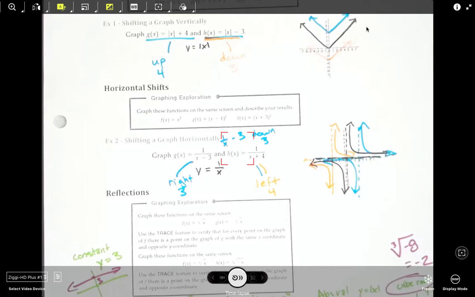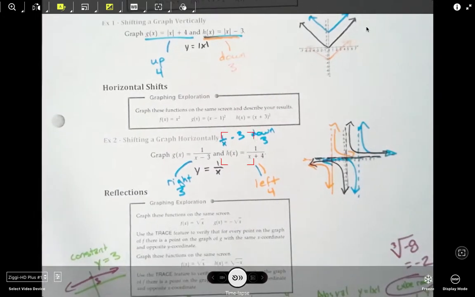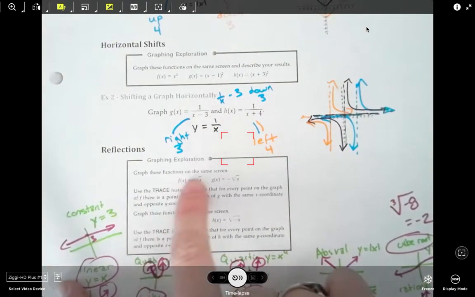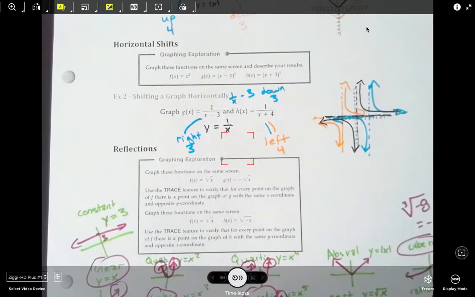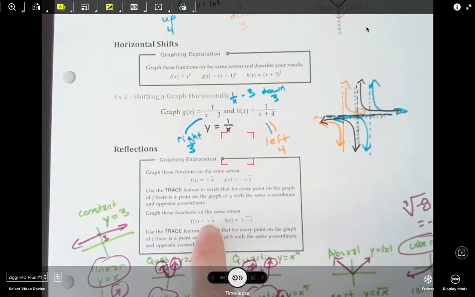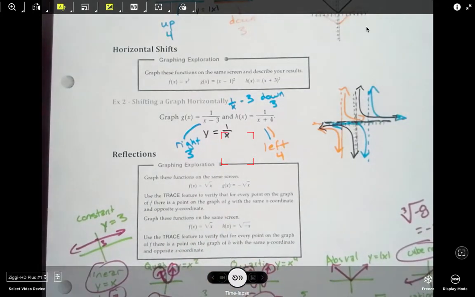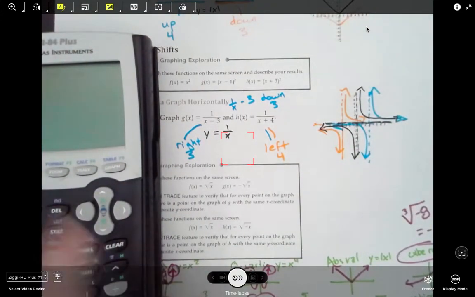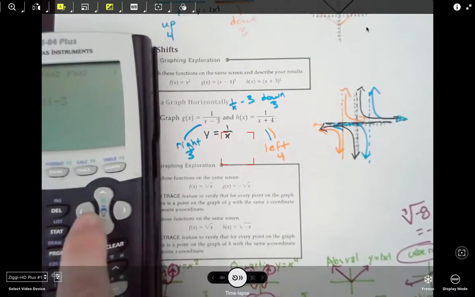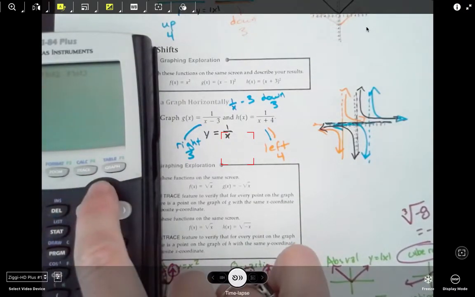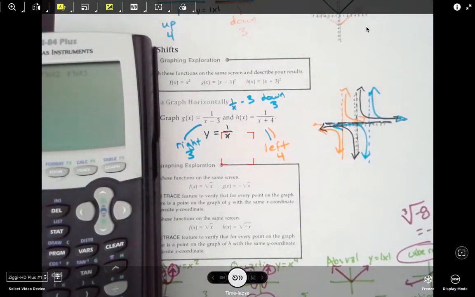All right, good. I don't know what's in this reflection box. Graph the functions square root of x and negative square root of x. Okay, let's see what that looks like. Y equals, I'm going to clear these out. You don't have to go to the math button to hit the square root function.